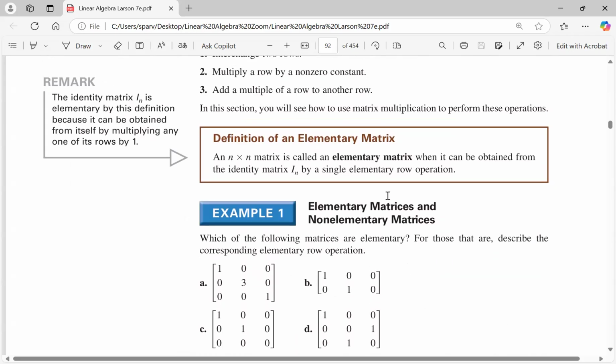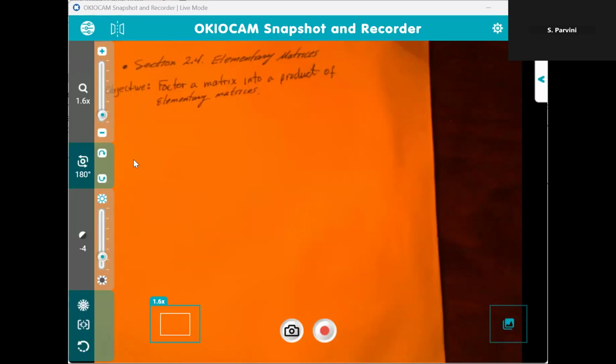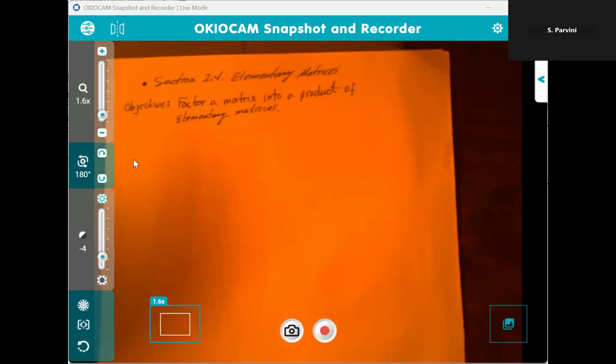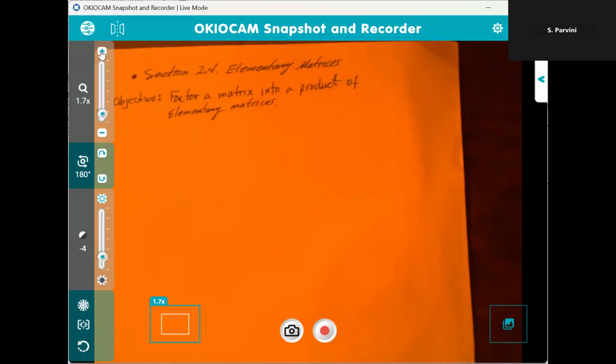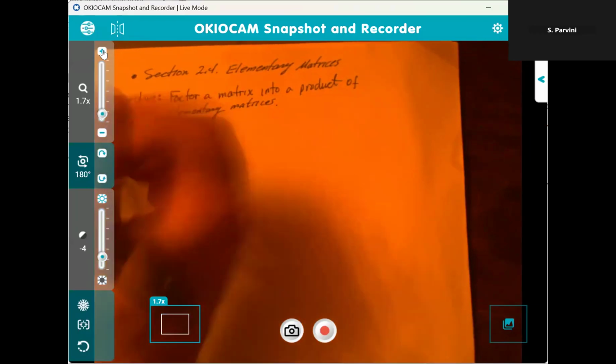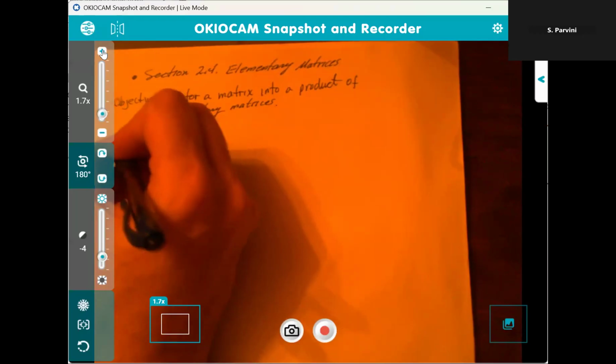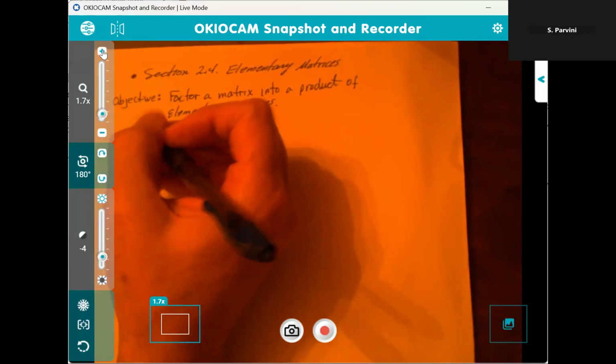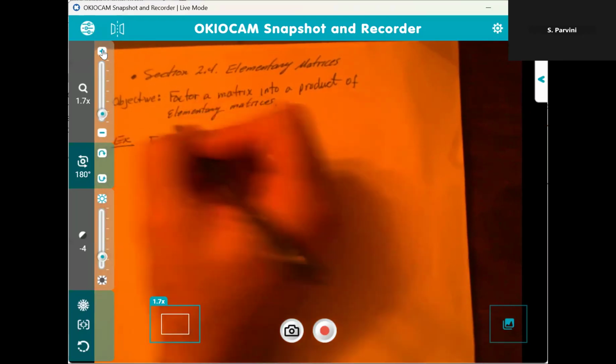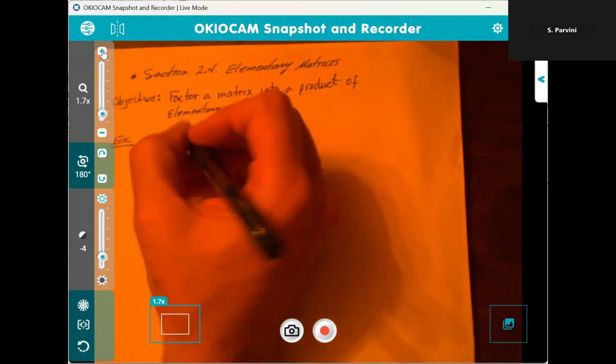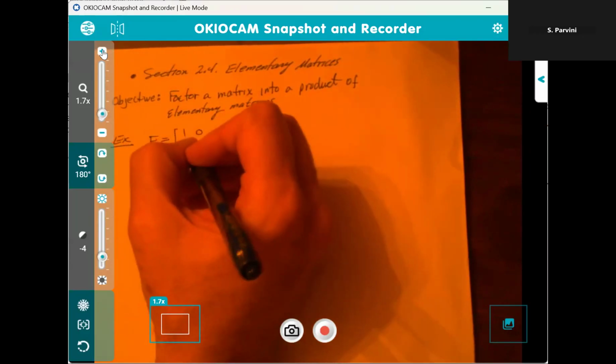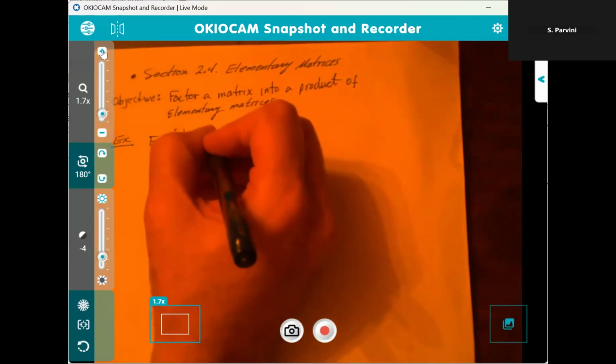So maybe let me switch to my notepad and I'll show you a few examples of my own here. Okay, so we're talking about elementary row operations, folks. In this example, E for elementary matrix, I have 1, 0, 0, negative 3.